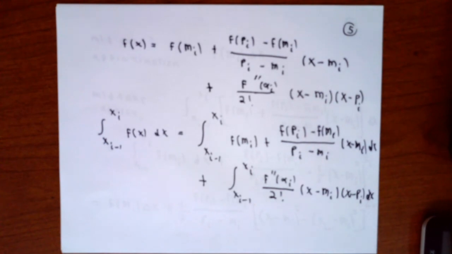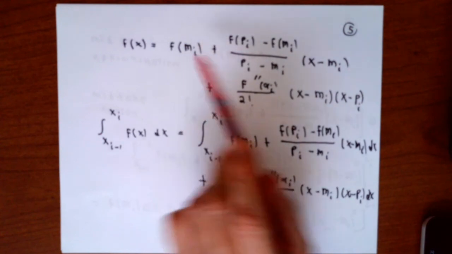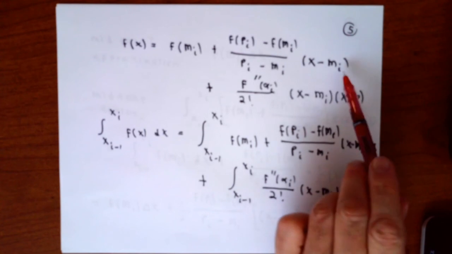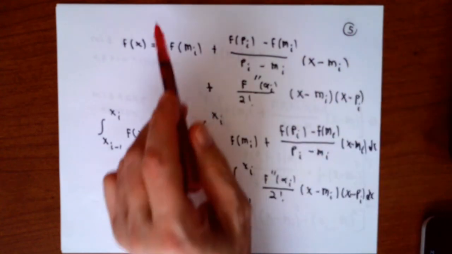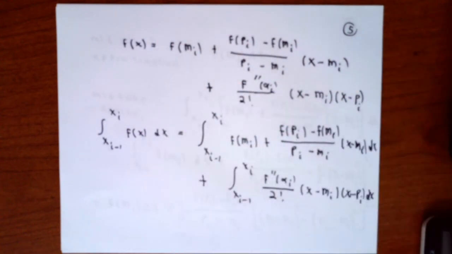The approximate value of the integral will be what I get when I approximate with integrals of things that I know. I know this number. I know these numbers. x minus something that I know. The approximation to the integral is going to be what I get when I integrate the sum of these first two terms.